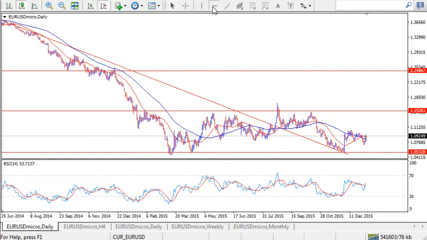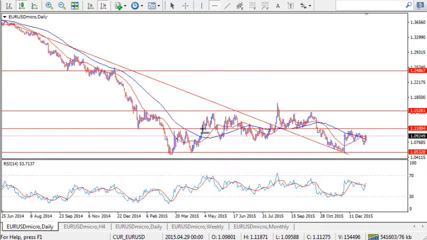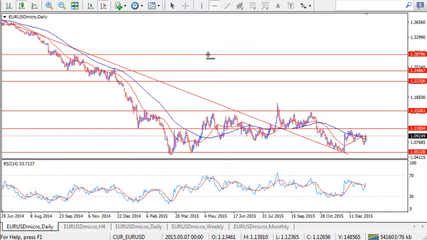Those are levels where prices have reached that level and reacted in the past. They are not standard prices, they are prices that just happened in the past to react at those levels.